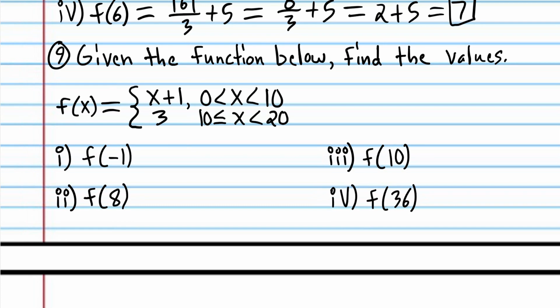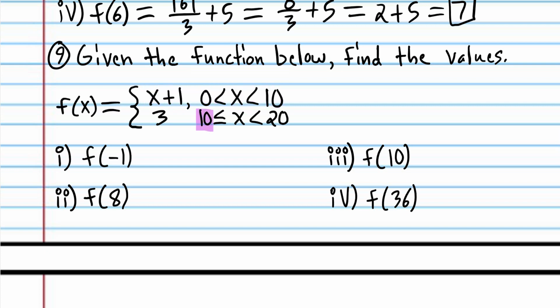So this is kind of a trick problem. They want us to plug in -1 into this function, but we have two equations. We have this equation and this equation. Which one do we use? Well, when x is between 10 and 0, we use the purple equation.